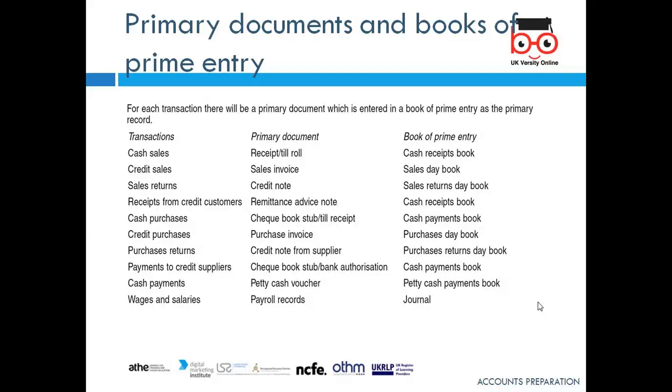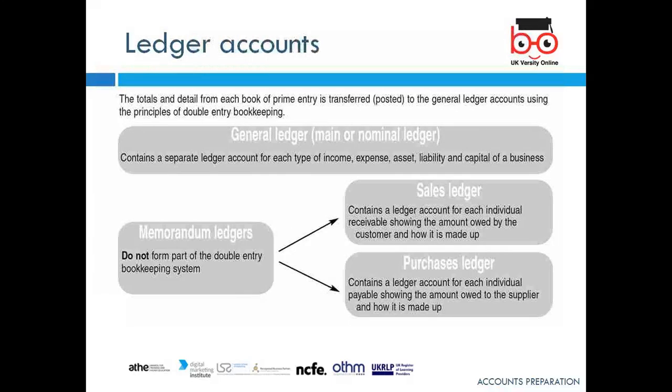So books of prime entry: cash book, sales day book, sales return book, cash receipt book, cash payment book, purchase day book, purchase return book, petty cash and journal. These are all books of prime entry and prime documents. These are the difference between them, and we prepare them to get some sort of financial information within accounts.